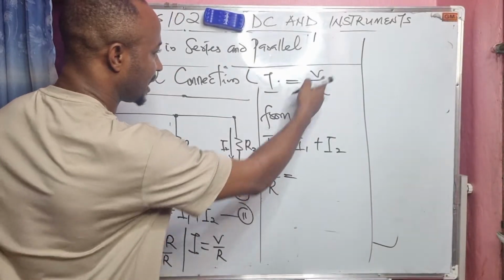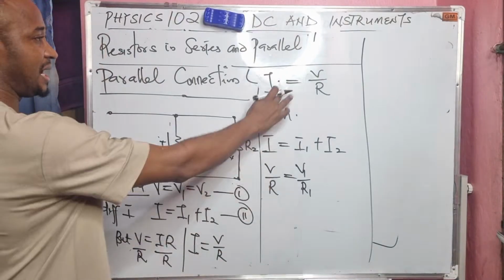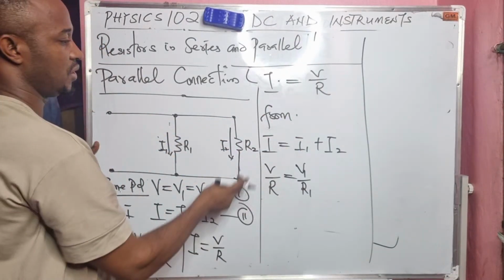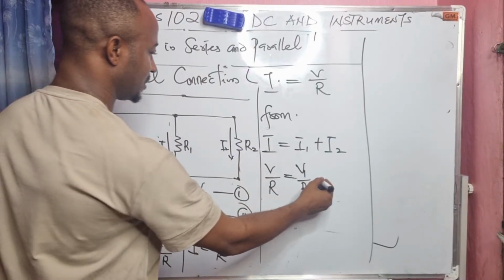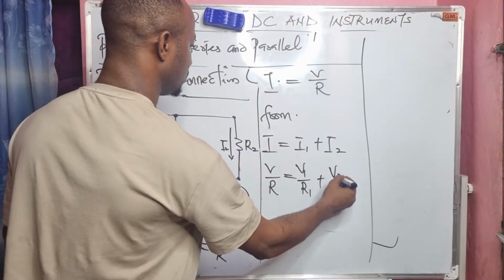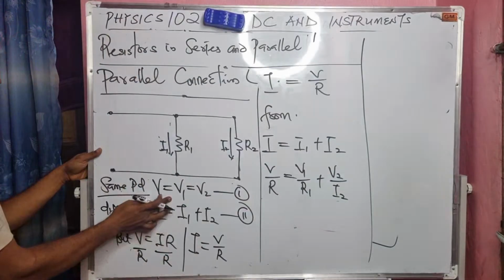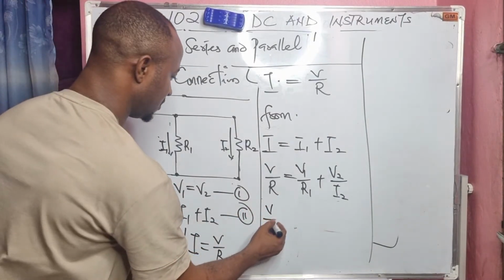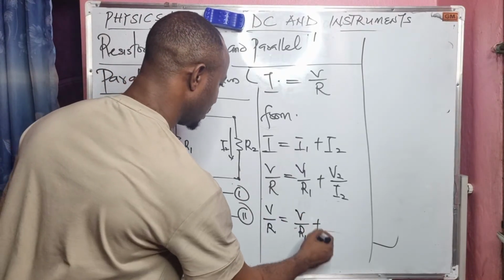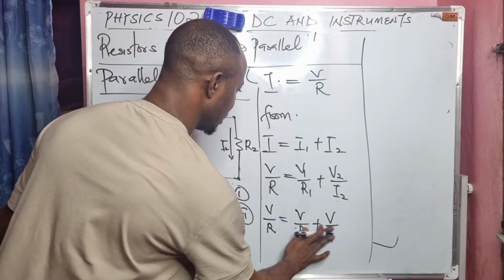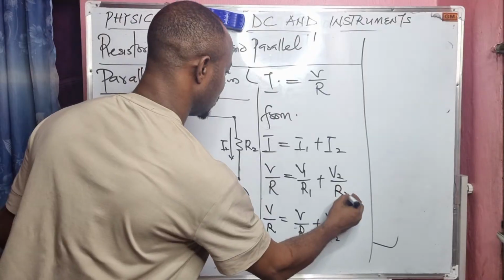So for I1, I'm going to have V1 over R1, right? I equals V over R. So for this I, we have V over R. For I1, we have V1 over R1. For I2, we have V2 over R2. But since the voltages are the same, this will be V over R equals V over R1 plus V over R2.